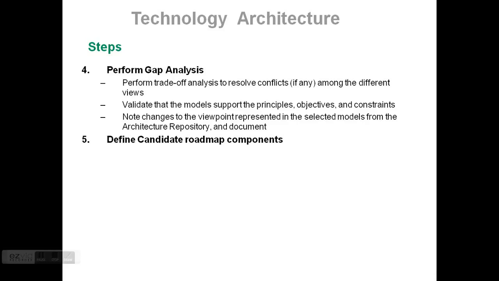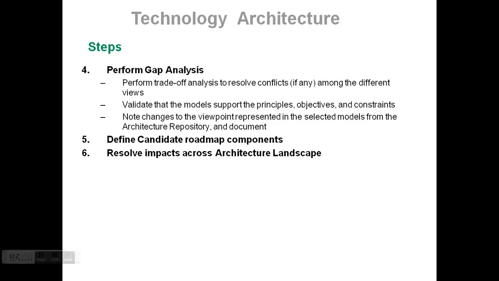Following the creation of baseline architecture and the target architecture and the gap analysis, a technology roadmap is really necessary to prioritize activities over the coming phase. This initial technology architecture roadmap will be used as raw material to support more detailed definitions of a consolidated cross-discipline roadmap within the opportunities and solutions phase.